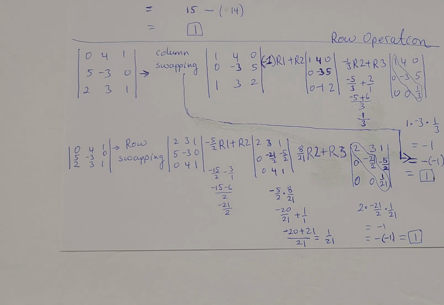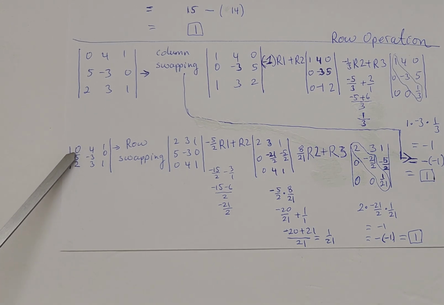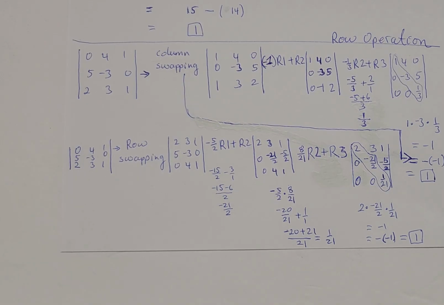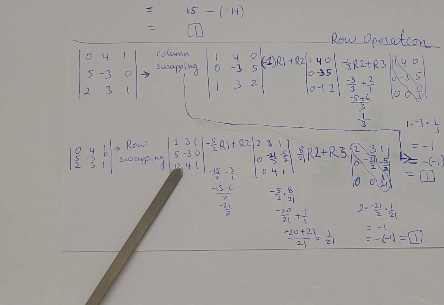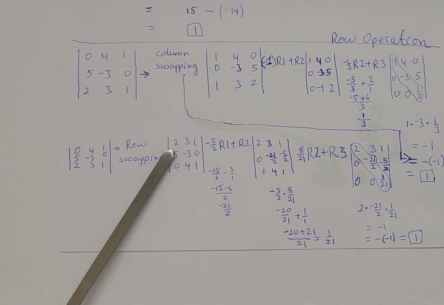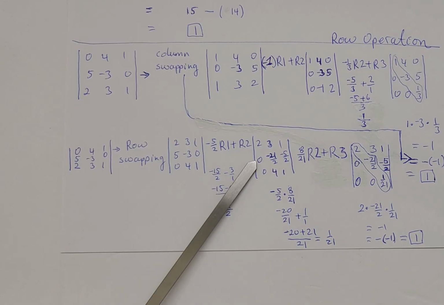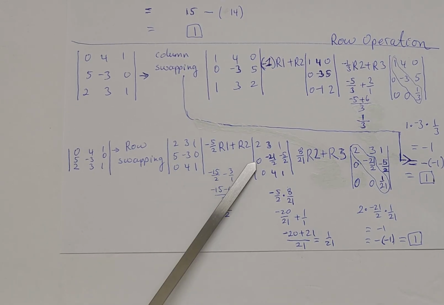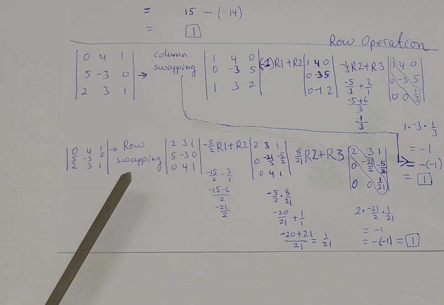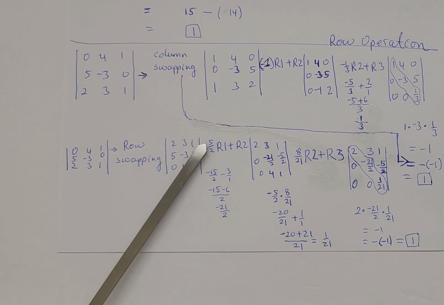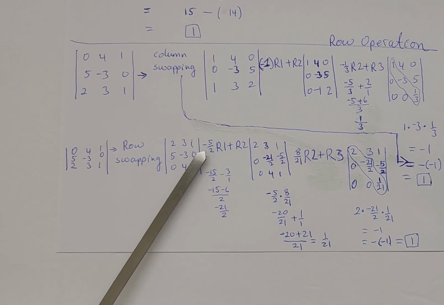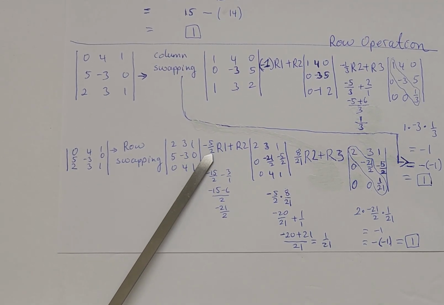Why am I doing that? Because this spot right here cannot be a 0. It could be any number but not 0. Okay, so this is 0 already, so we leave that alone. We just need this 5 to become a 0. So we're going to take the reciprocal of this 2, which is 1 over 2, and put the 5 on top, so now it becomes 5 over 2.